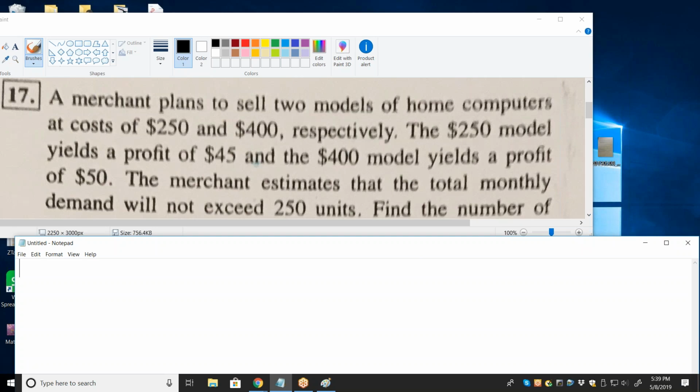Linear programming problems start out with what is called an objective function, with constraints. The objective function is an equation that you're trying to optimize, and the constraints are usually inequalities.